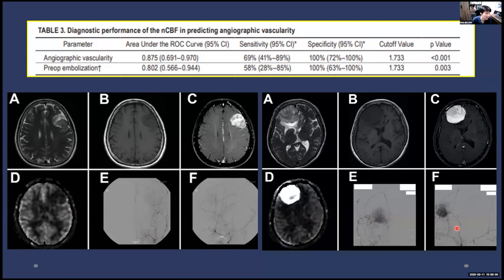But in the second example, you see a markedly increased CBF value, and it corresponded well with a strong tumor stain shown on DSA. So in terms of its diagnostic performance in predicting angiographic vascularity, it had an AUC of approximately 0.88, and it even had a pretty good role in predicting the need for preoperative embolization in these patients.